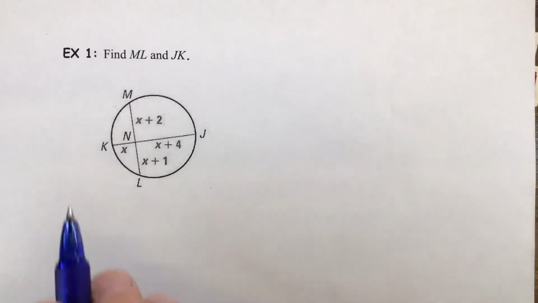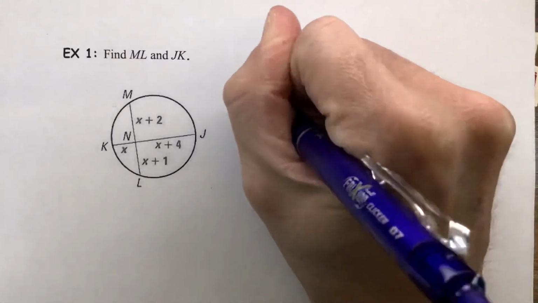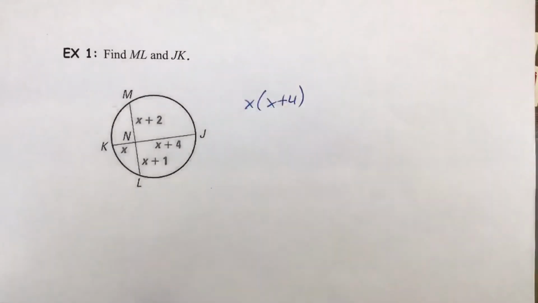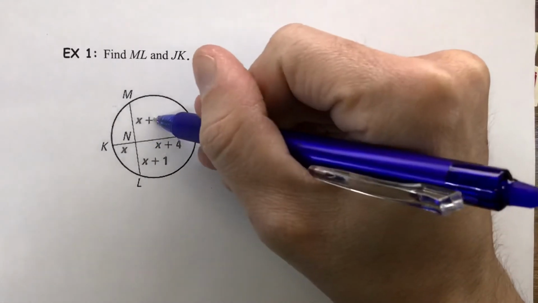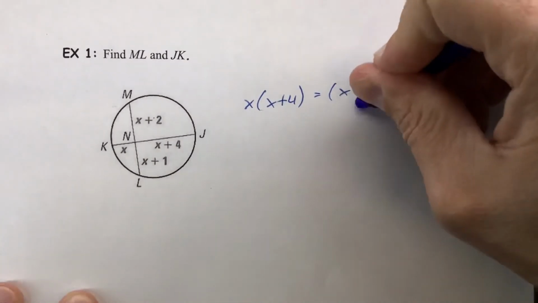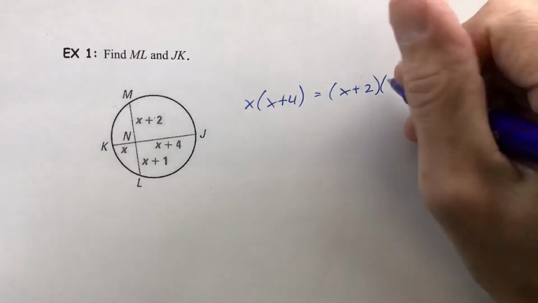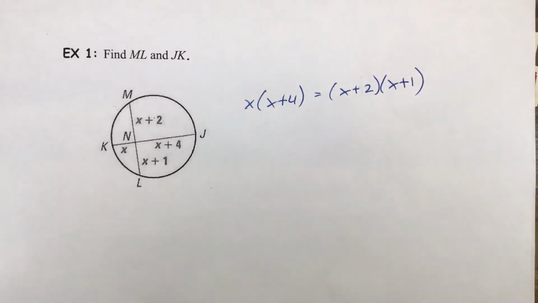So if you take the product of X and X plus 4, that will be equivalent to the product of X plus 2 and X plus 1. Then with a little bit of algebra, we can figure out what X is, and after that, we can figure out what ML and JK equal.